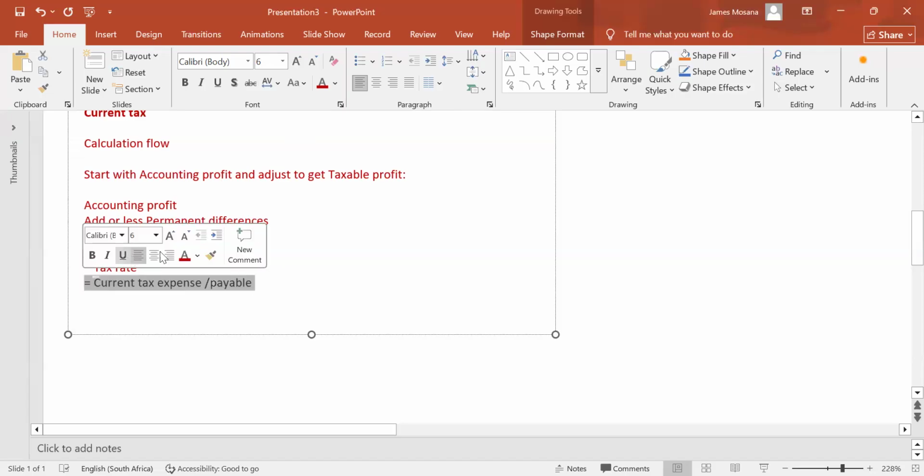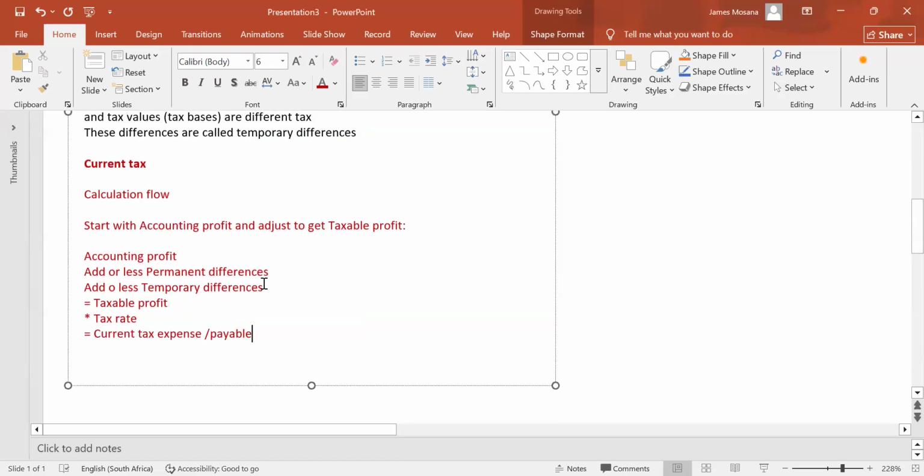So this will be your current tax calculation flow, right? So since now I am talking about permanent differences, temporary differences, it will be fair for me to explain them.